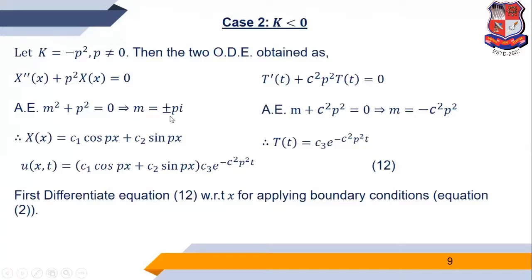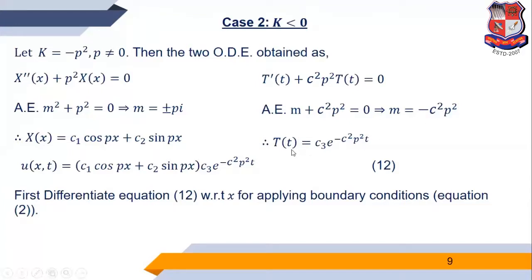So complex roots, and so we write X of x is equal to c1 cos px plus c2 sin px, because here the real part is 0, only the imaginary part is p. So c1 cos px plus c2 sin px. And in this equation, a similar procedure, but this is the first order ODE. So we get m is equal to minus c square p square.